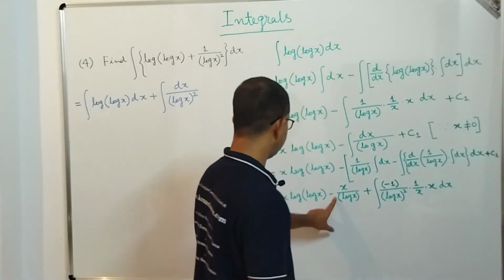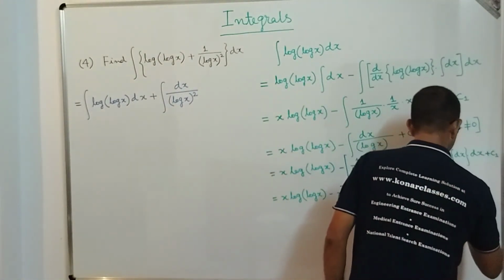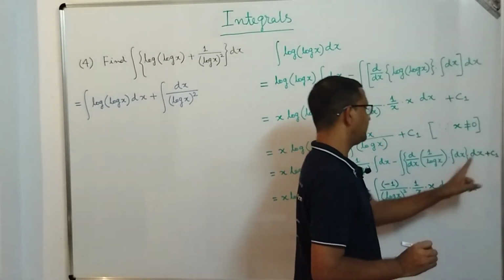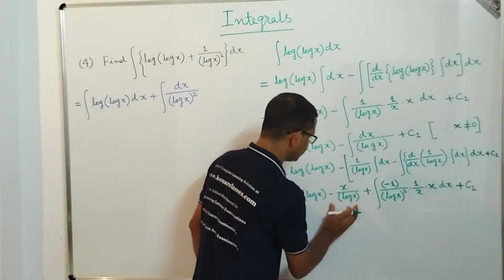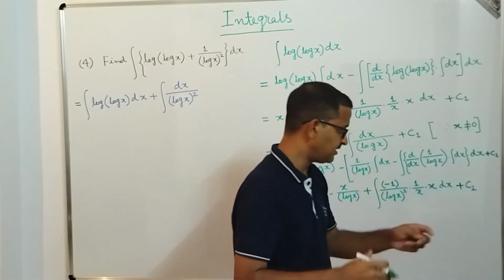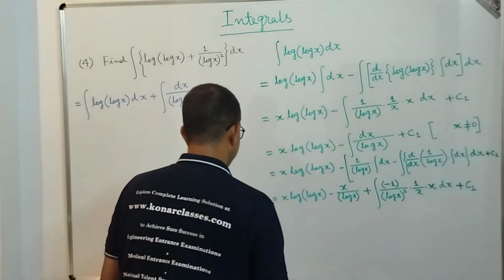Now as we have done another integration here, we can introduce a new integrating constant C2, C1 plus another integrating constant which is obtained by integrating this one, we club together and find another integrating constant C2. Okay, so what we get here, dear students?